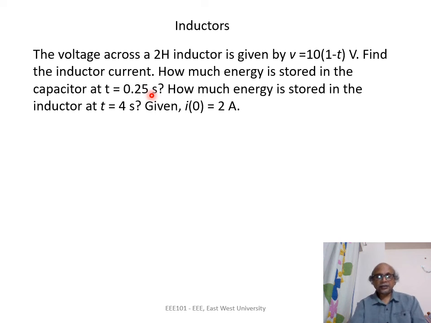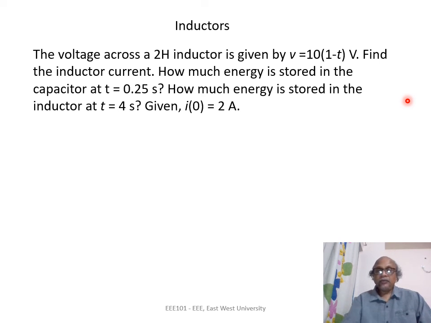I think there is some typographic error. This sentence should not be there. We want to find out the energy stored in the inductor at t equal to 4 seconds. Let's ignore this sentence. And in addition to the question, another information is given that at t equal to 0, the current flowing through the inductor is 2 ampere.